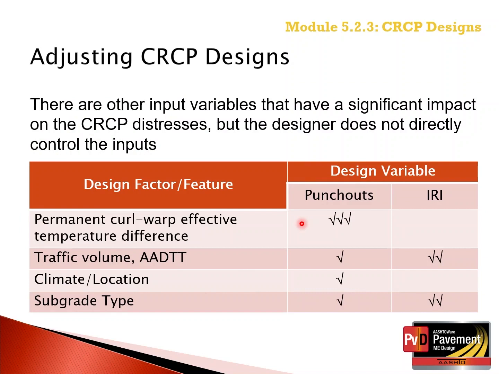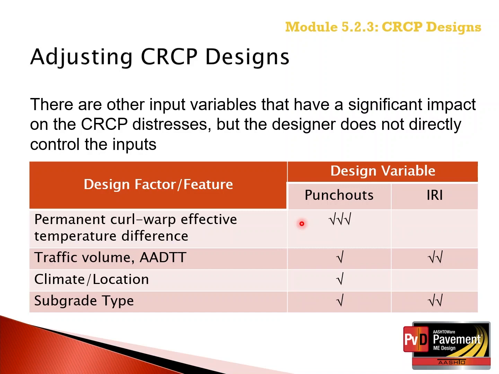There are other variables that have a significant impact on the CRCP distresses, but the designer generally does not directly control the inputs. The permanent curl warp effective temperature difference has a significant impact on the number of punch-outs.